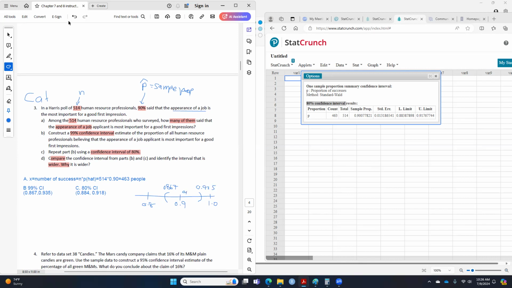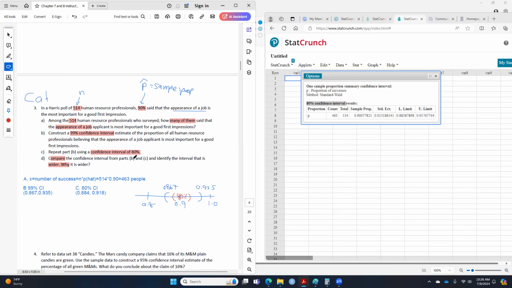This is the 99%, the blue. And I am going to use red to figure out the 80%. So 80% in this case is 0.884, which is right here, and 0.915, which is right here. So this is the 80% confidence interval.